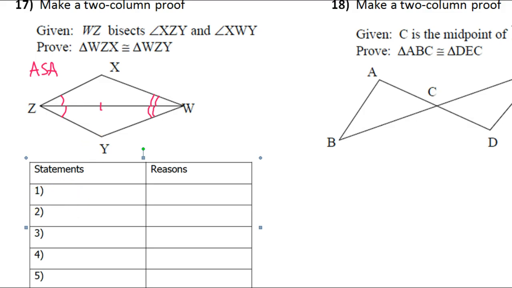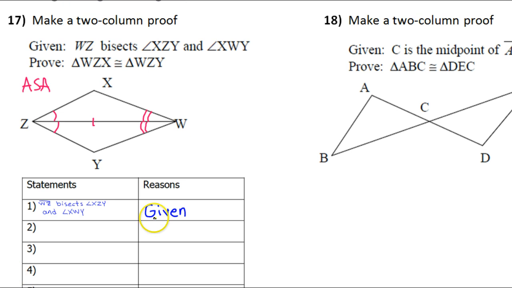So like I said, step 1 is going to be just to state the given. So I'm going to take this given and go ahead and get that out of the way as step 1. I had to write it kind of small, but I just wrote the given. So WZ bisects angle XZY and angle XWY, that's given.